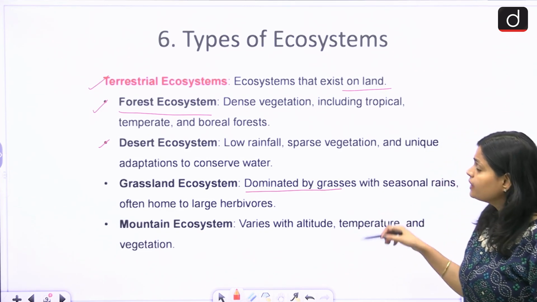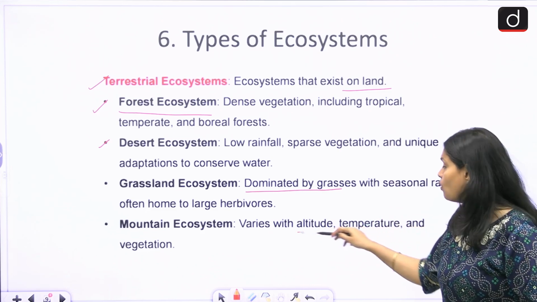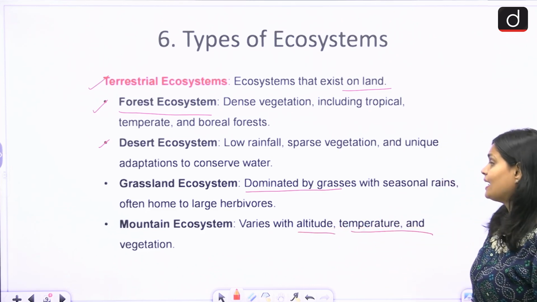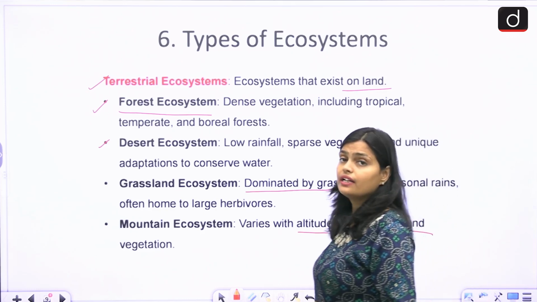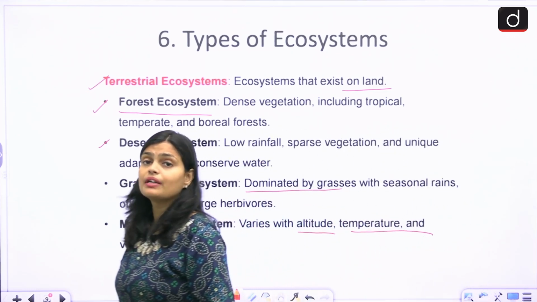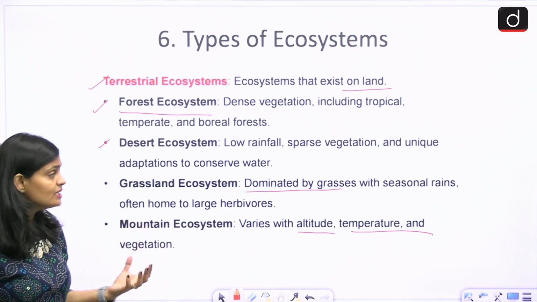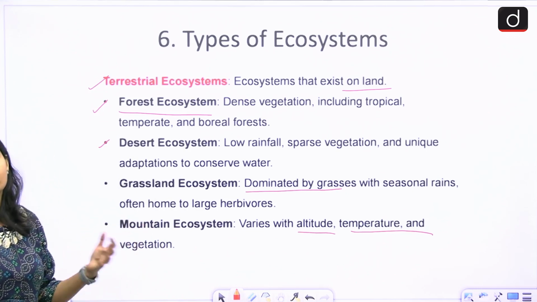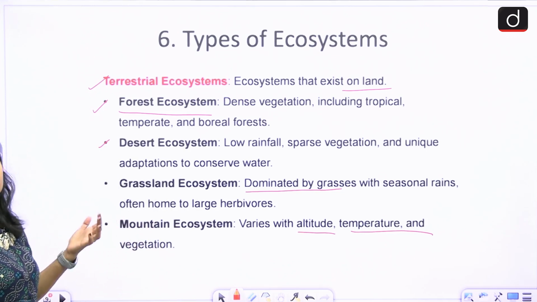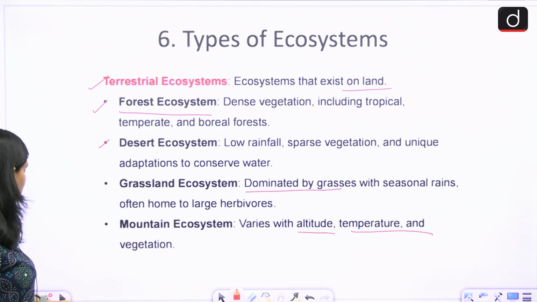Then the mountain ecosystem varies with altitude, temperature and vegetation. The organisms who live in the mountains experience different temperatures and different types of vegetation. This is what we call the terrestrial ecosystem.